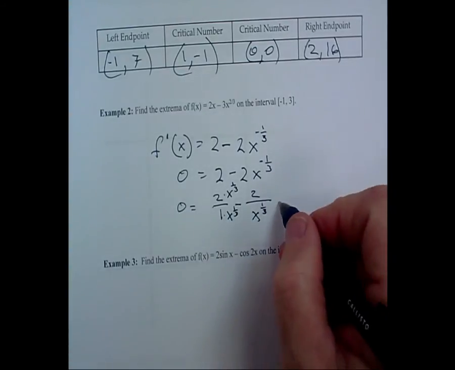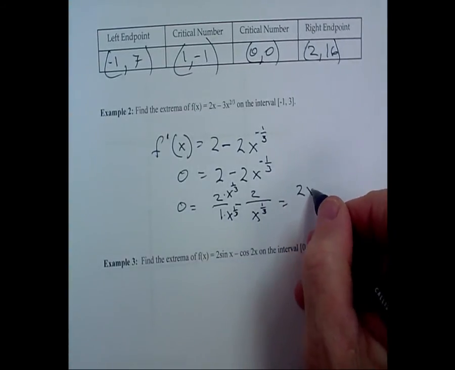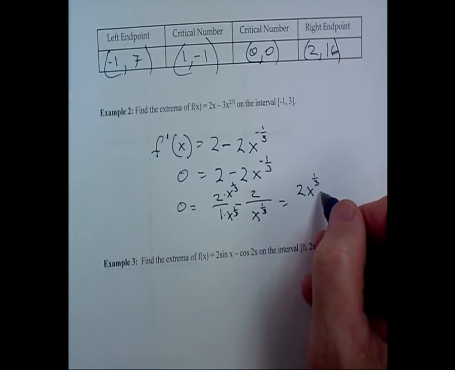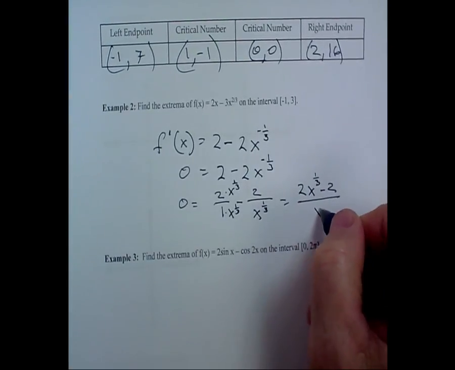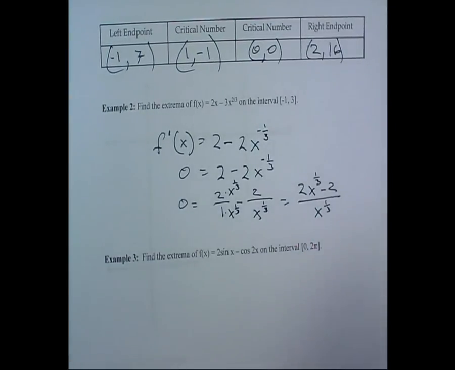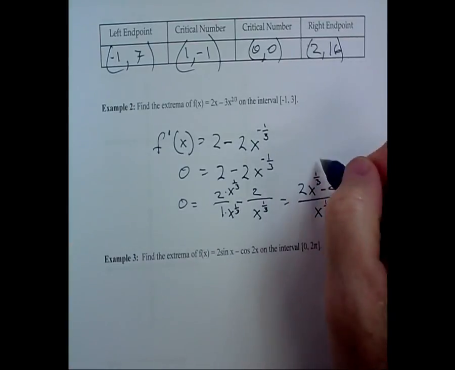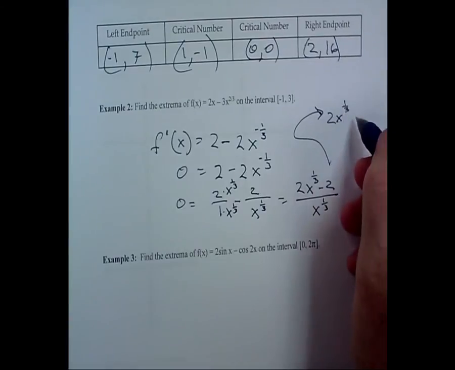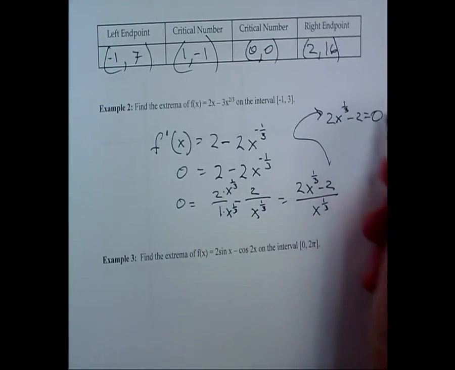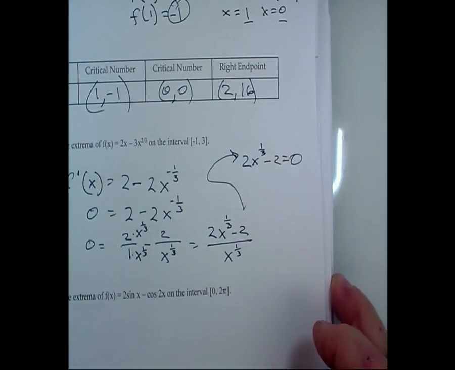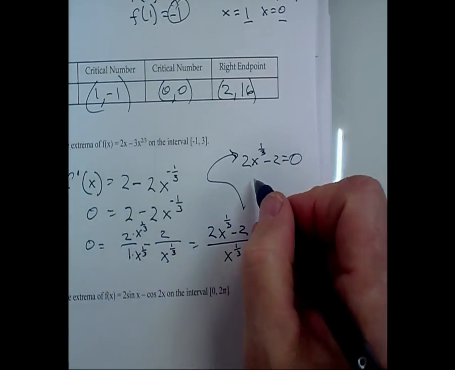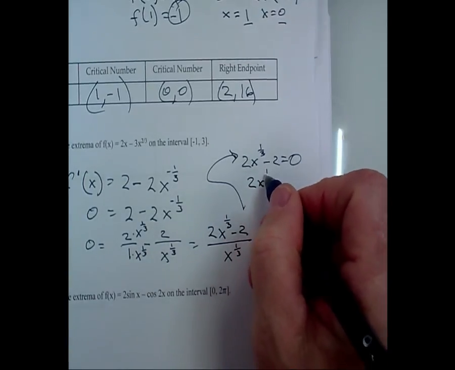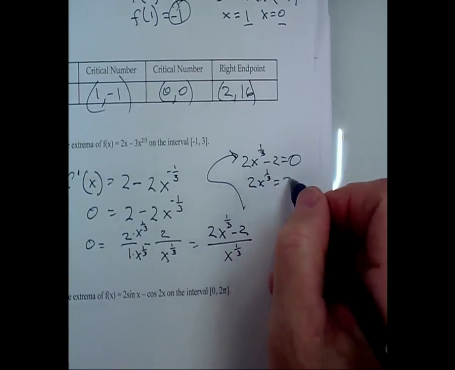And so what this becomes is 2x to the 1/3 minus 2 over x to the 1/3. And I've got to take this numerator, 2x to the 1/3 minus 2, and make it equal to 0. And what do I get here? I get 2x to the 1/3 equals 2.